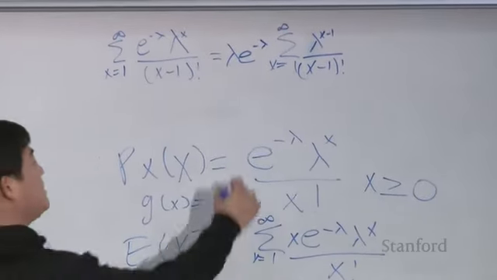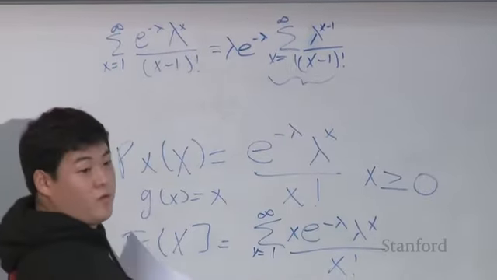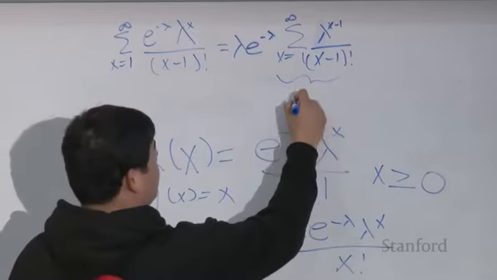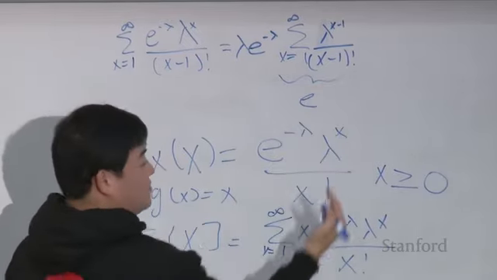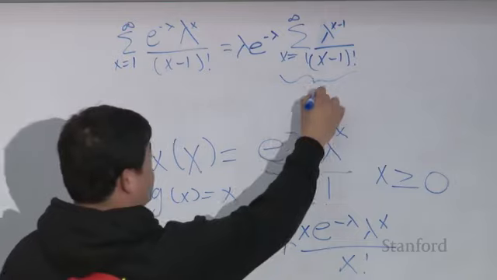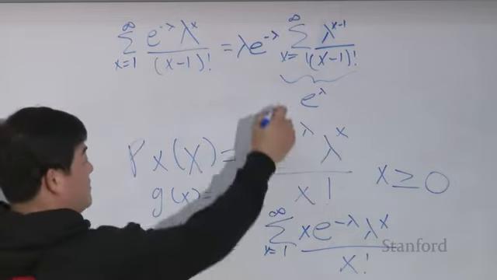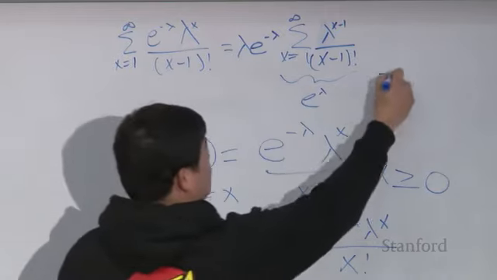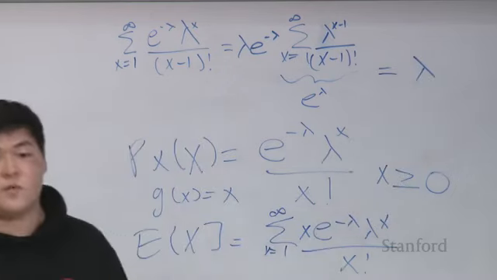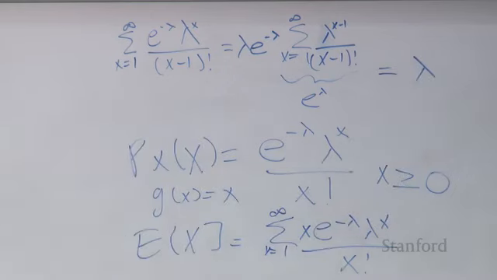And then we notice that this sum is exactly the Taylor series expansion of e to the x. So in this case, it's not e to the x, it's e to the lambda. So these two terms cancel out, and we see that our expected value of a Poisson is just lambda. Any questions?